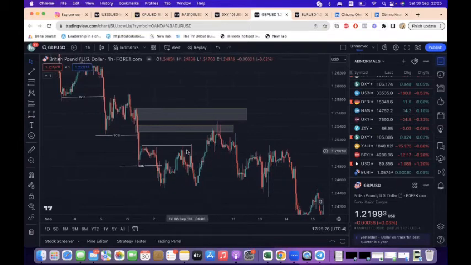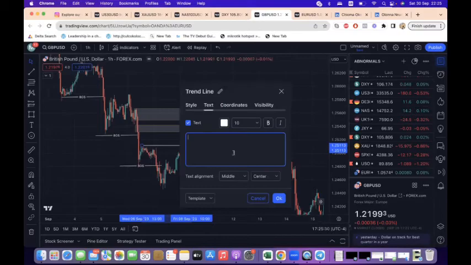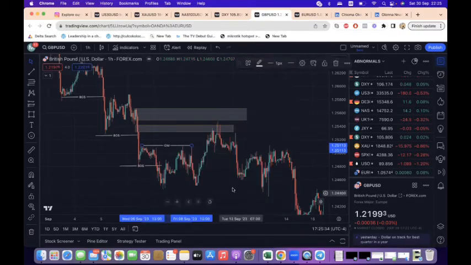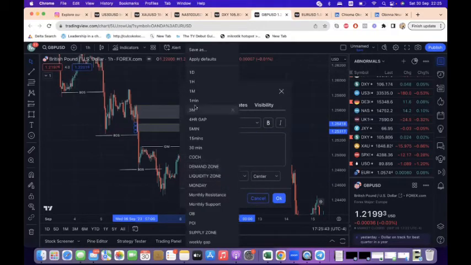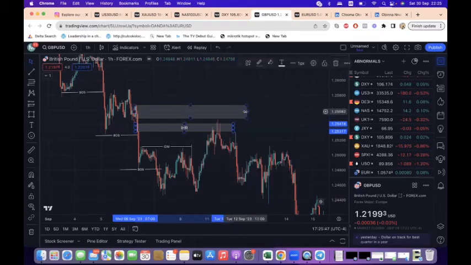This is your liquidity that had been swept, and inducement happened here. Once an inducement happens, I'm looking above it to see where I can take an entry. There's a 1 hour gap here, and this is my point of entry.